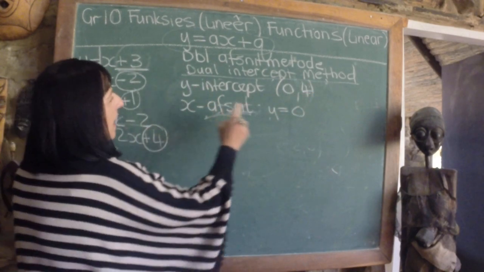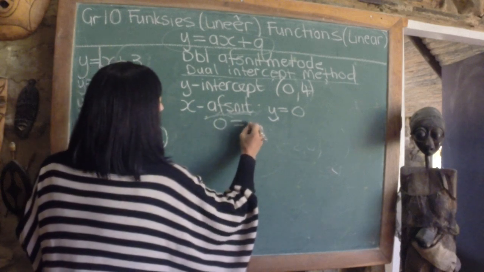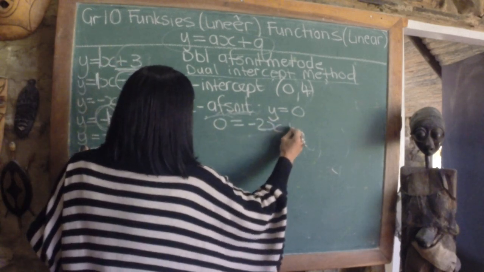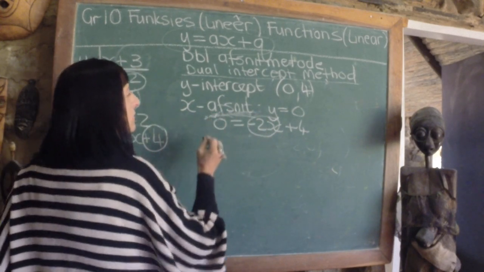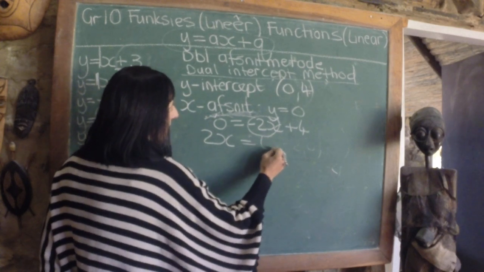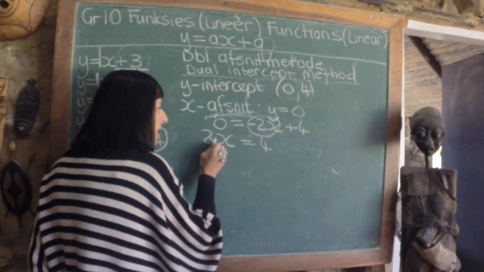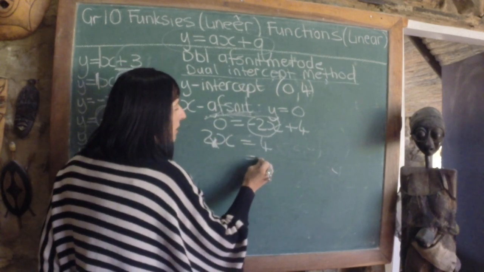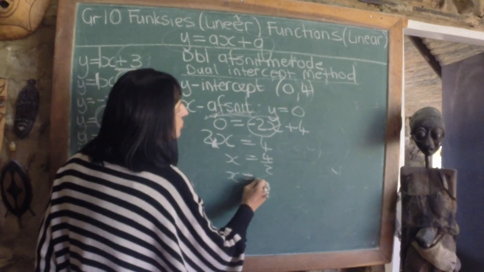Dan, x-intercept, make y 0. Always the case. Kom ons kry vir x alleen. Goed, omdat hierdie negatief is, let's take it to that side of the equals, then it becomes a positive 2x. Nou, as ons die 2 wegvat van die x af, dan word die maal 'n deel. So x is gelyk aan 2.